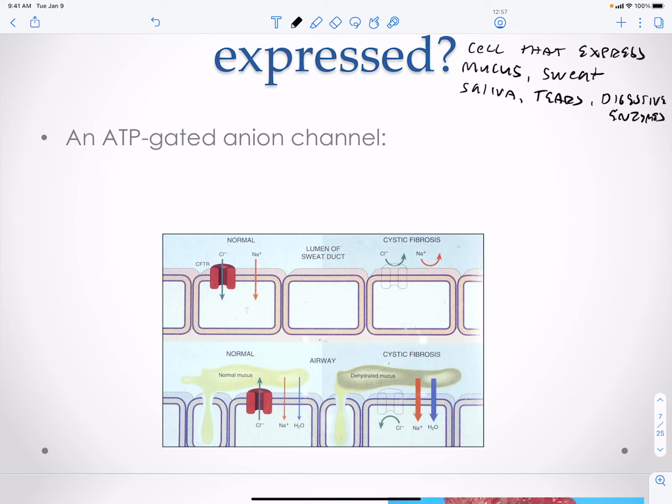Okay, so your cystic fibrosis chloride channel is an ATP gated ion channel. And what that should indicate to you is that this is going to be regulated. It is referred to as an ATP binding cassette transporter.